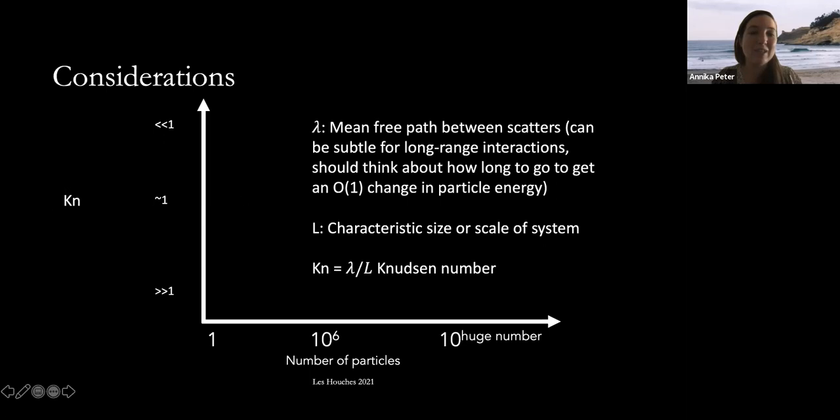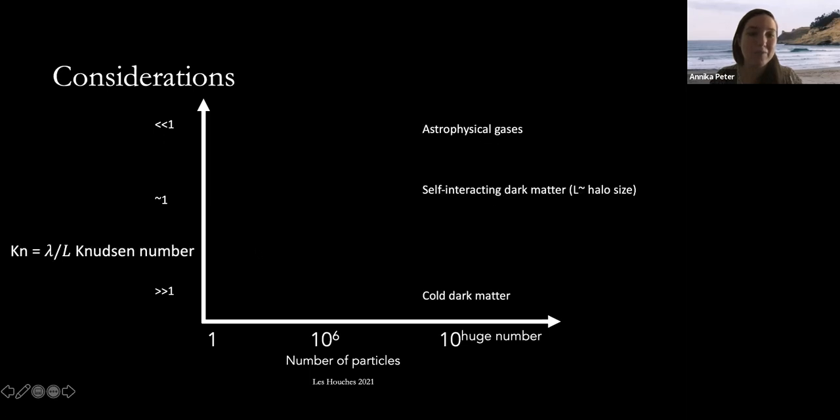The case where it's really a pain to figure out the best approach is when the Knudsen number is about 1. To give some examples, astrophysical gases are almost always in the very small Knudsen number limit.